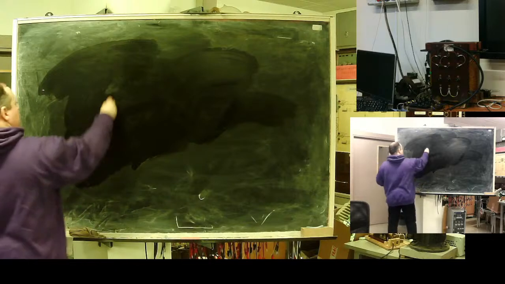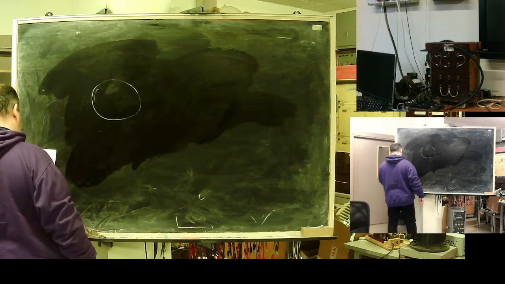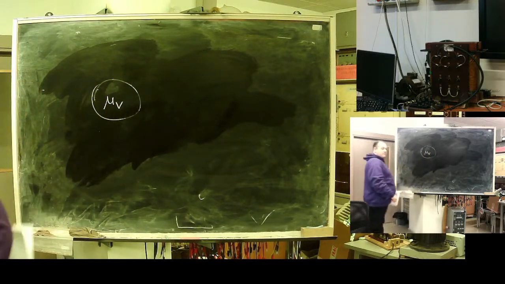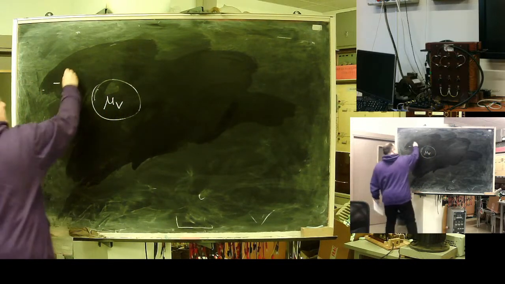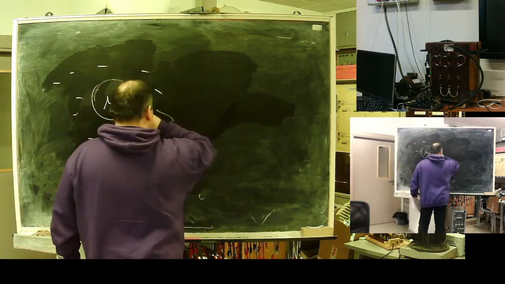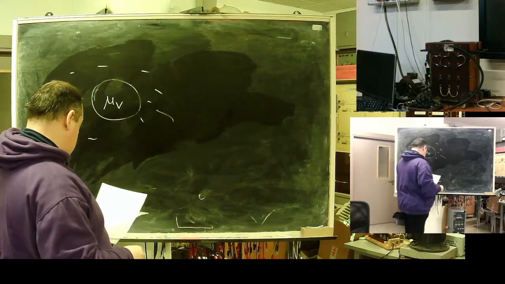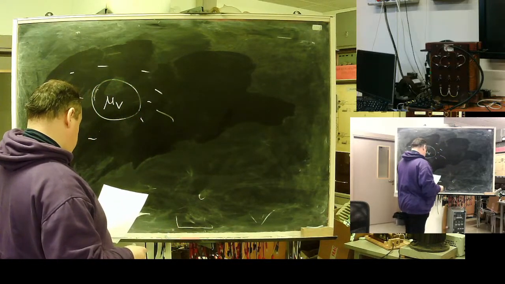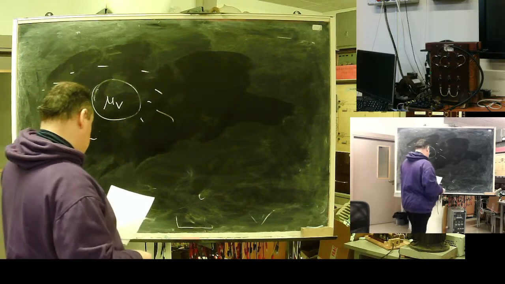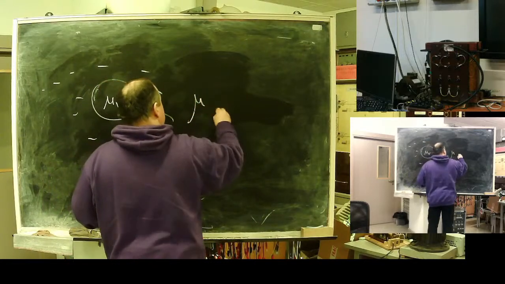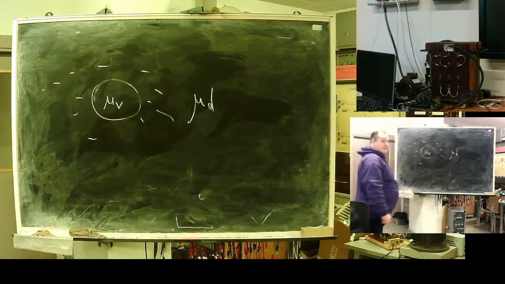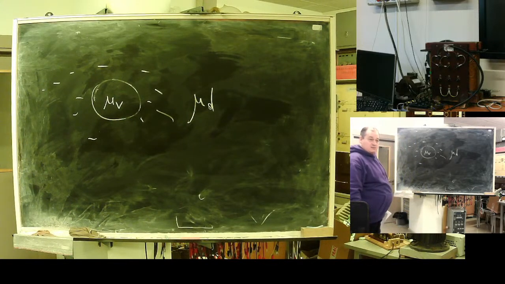So if we have, say, a wire with magnetic conductivity mu W in an isolated area, a dielectric area with magnetic conductivity mu D from the dielectric.